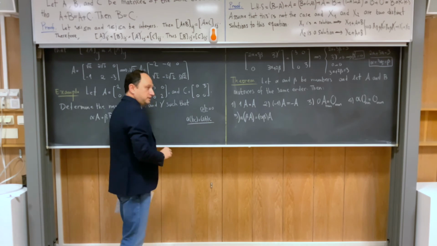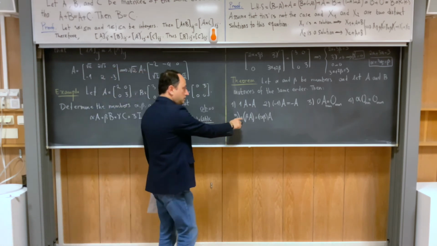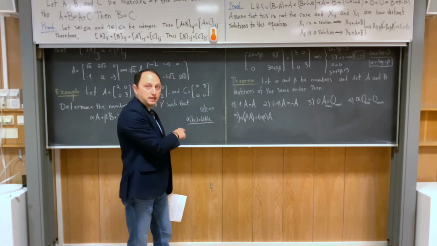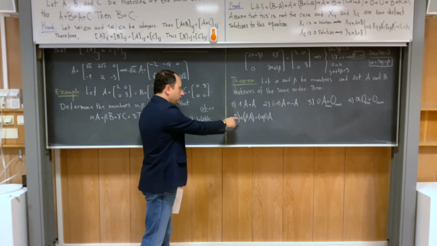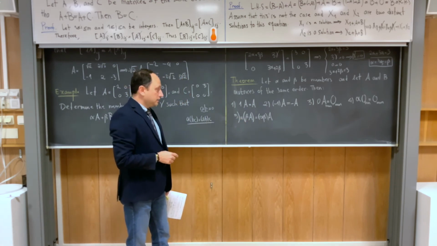This is called associativity of the multiplication of real numbers. But don't get confused. This is not associativity, even though it looks very similar to associativity. And it will be proven using associativity of the numbers, okay?